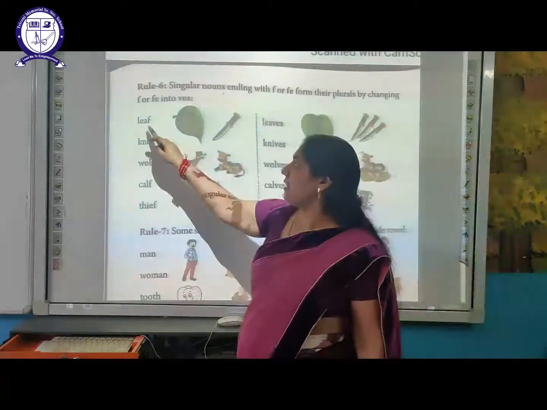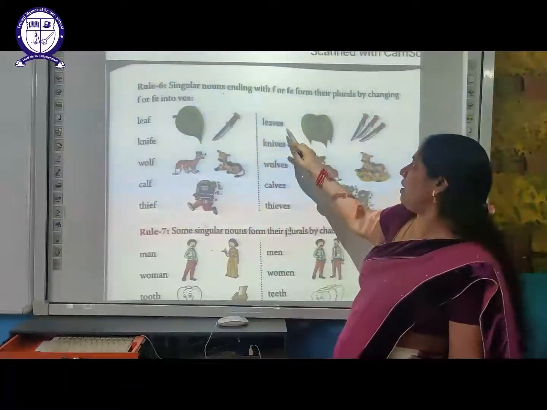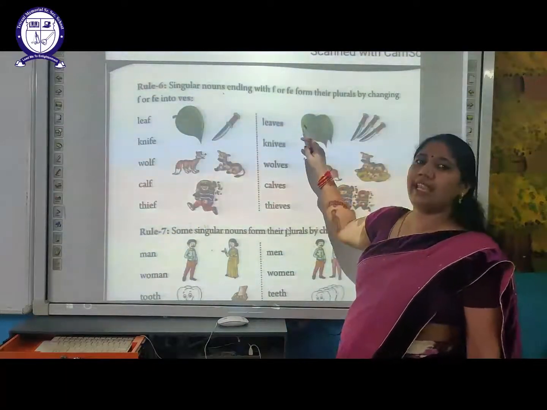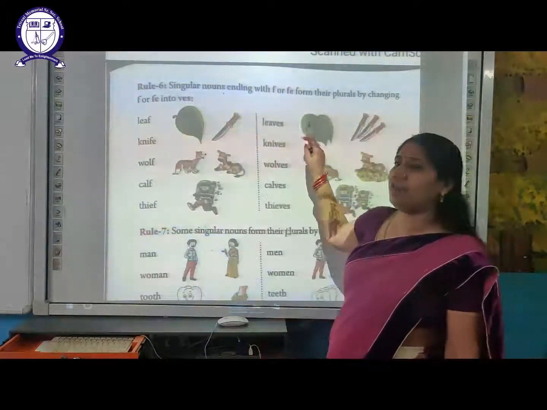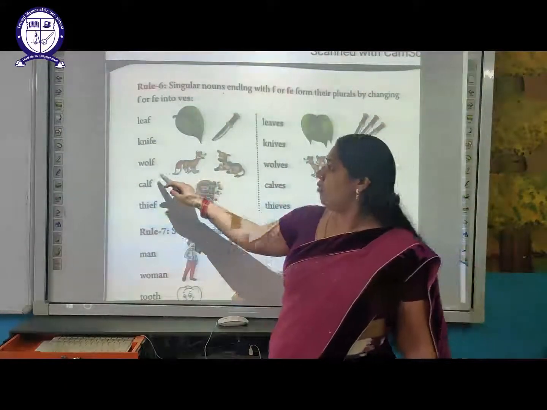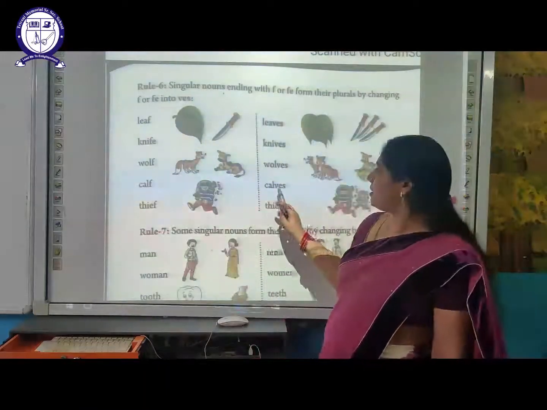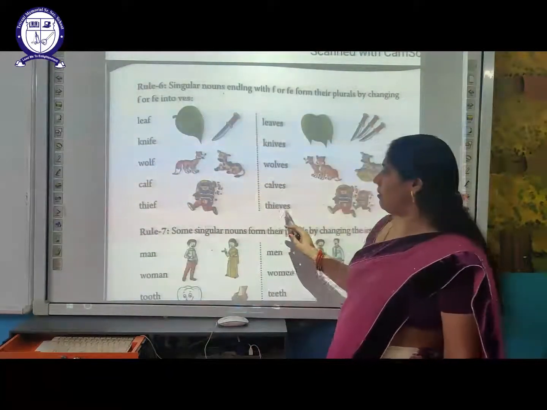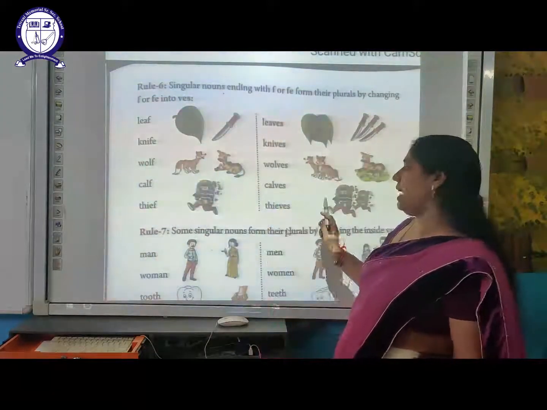To make the plural form of leaf, drop f and in its place add ves: leaves. Knife, knives. Wolf, wolves. Calf, calves. Thief, thieves. So drop f or fe and add ves.